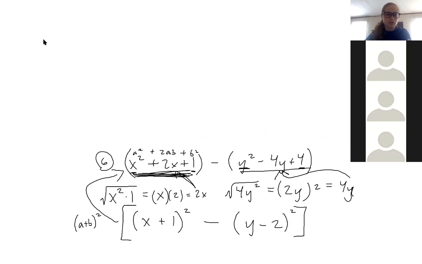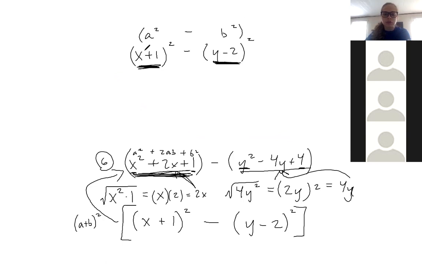Because notice, I've got x plus 1 squared minus the whole value y minus 2 squared. This is one whole value. This is one whole value. So this is actually the difference of two perfect squares.